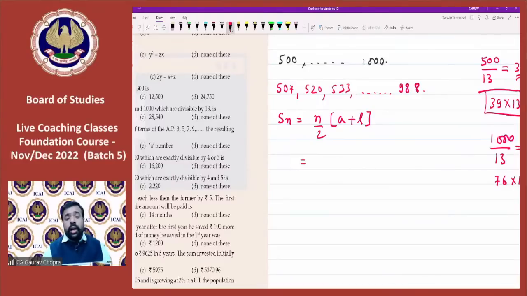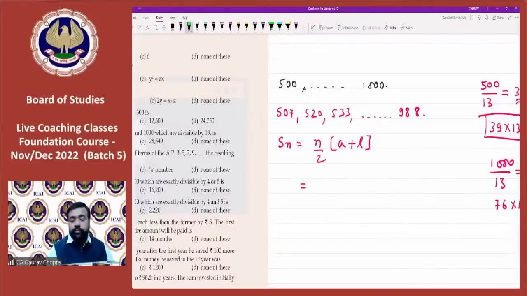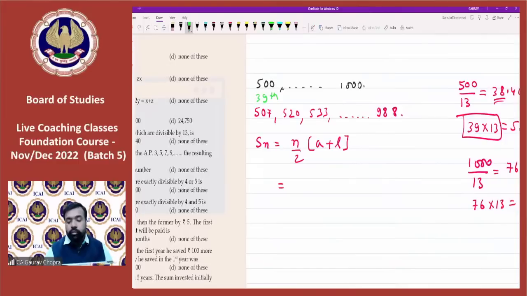So are we having N? No. So we have to calculate N as well. So how many multiples are there from 507 to 988? As we calculated, 507 was the 39th multiple and 988 was the 76th multiple. So if we count N, how much will be N?